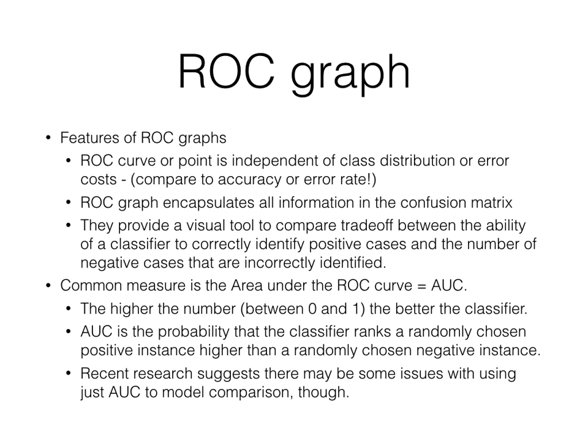So the AUC is the probability that the classifier ranks a randomly chosen positive instance higher than a randomly chosen negative instance. There's been some recent research, though, that suggests that there might be some issues with just using that AUC to model the comparison between different classifiers. Although in practice, many people do that, and certainly I would use it.